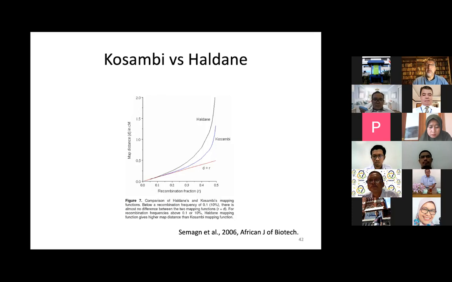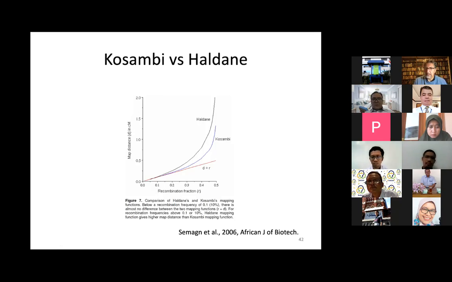So if you estimate, like I told you, with a 0.2 or a 20% recombination fraction, you estimate with Haldane 24 centimorgans, 24 map units. You go back, and then the next population you're going to work with, you say, okay, my genes are 24 centimorgans apart.